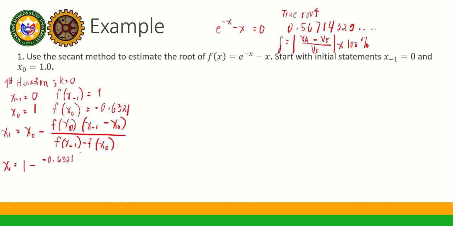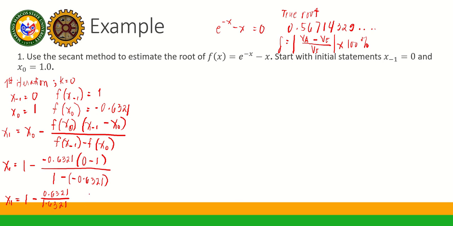And then, our x sub negative 1 is 0 minus x sub 0 is 1. So, minus 1 tayo. All over f of x sub negative 1 is 1, and then, minus f of x sub 0 is equal to negative 0.6321. So, computing for this one, our x sub 1 is equal to 1 minus 0.6321 all over 1.6321.